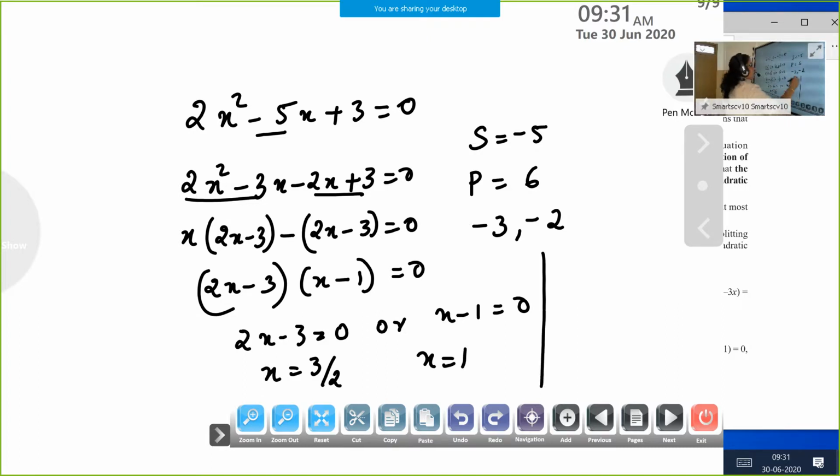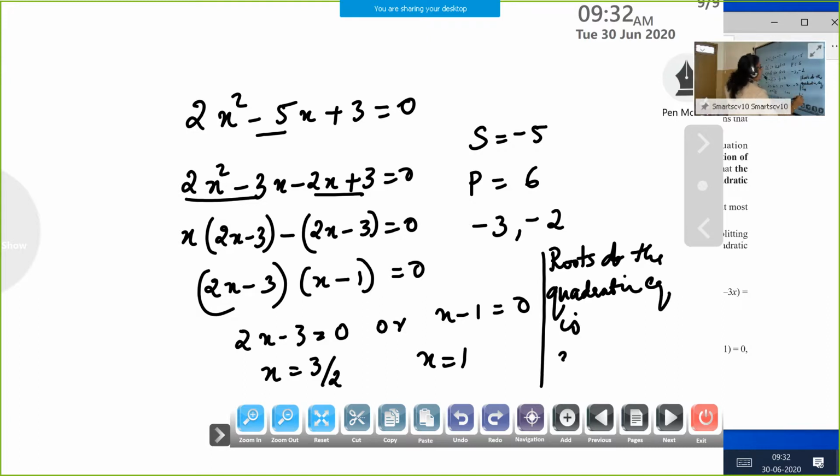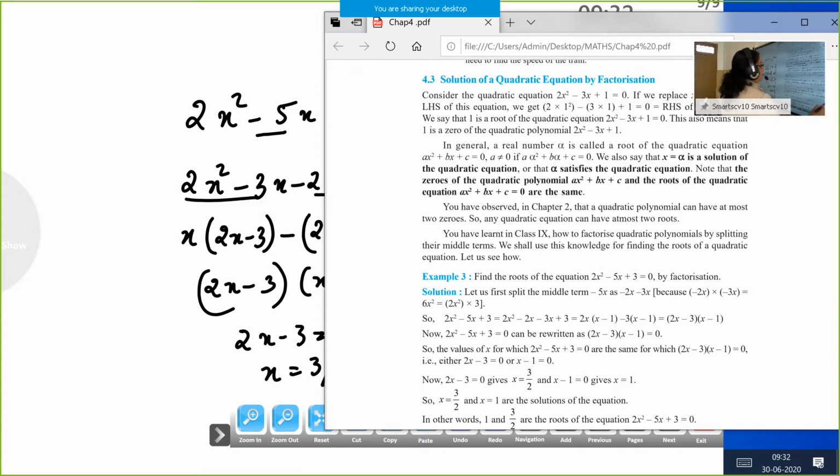Therefore, the roots of the quadratic equation are x = 3/2 and 1. The roots are 3/2 and 1.